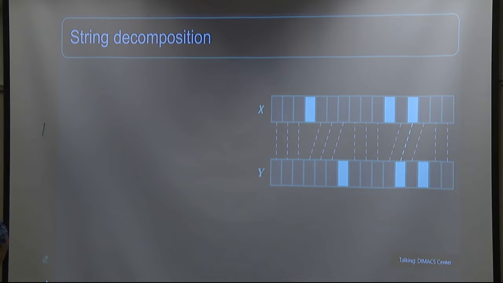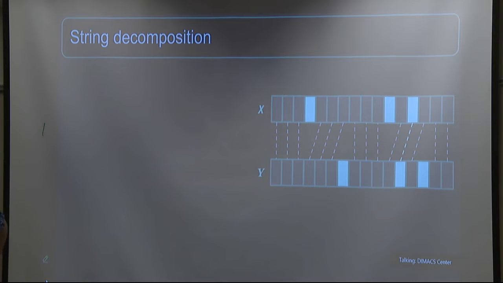Suppose I have x and y, and these highlighted positions are the edit operations. These edges you can think of as a non-crossing matching between characters which are either matched or substituted. This is called an alignment of x and y.